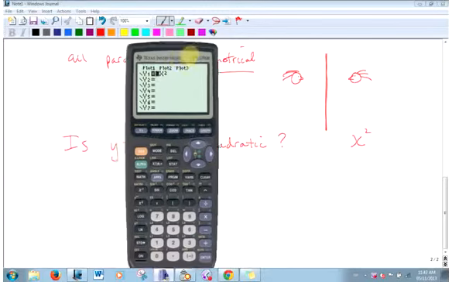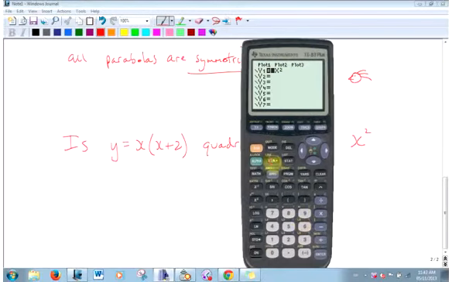Do we have one of these? Let's plug it in exactly as it looks. X times x plus 2. Is that it? Graph. Does that look like a parabola? Therefore, that's a quadratic.